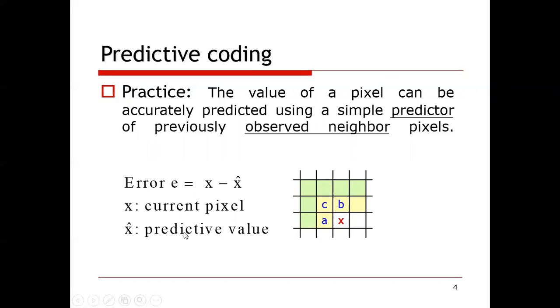So x bar denotes the predictive value, and in this case we find an error. What is the predictive error? Predictive error e is equal to x minus predictive value. The difference between the pixel value x and the predictive value of the given pixel is known as predictive error e. We will encode that error.